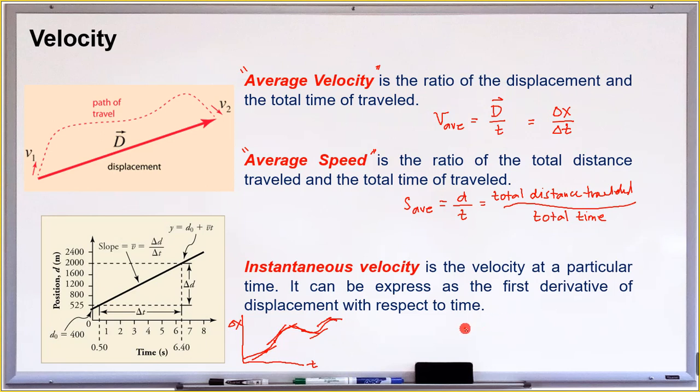In symbols, v is equal to change in x over change in time, or velocity is equal to the limit as delta t approaches 0 of delta x over delta t. Simply put, it is the derivative of the given curve for the position and time graph.